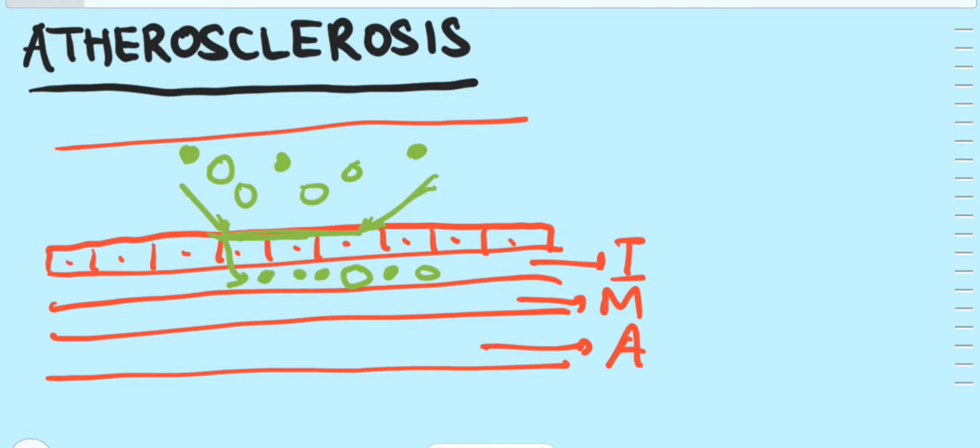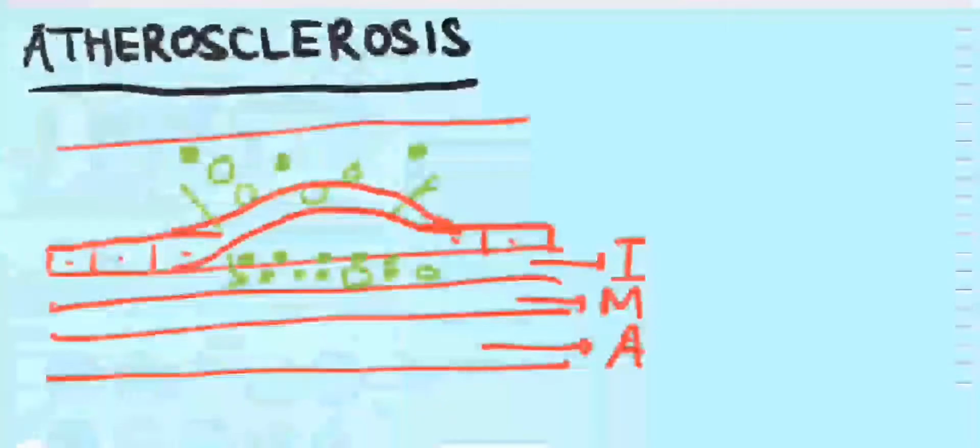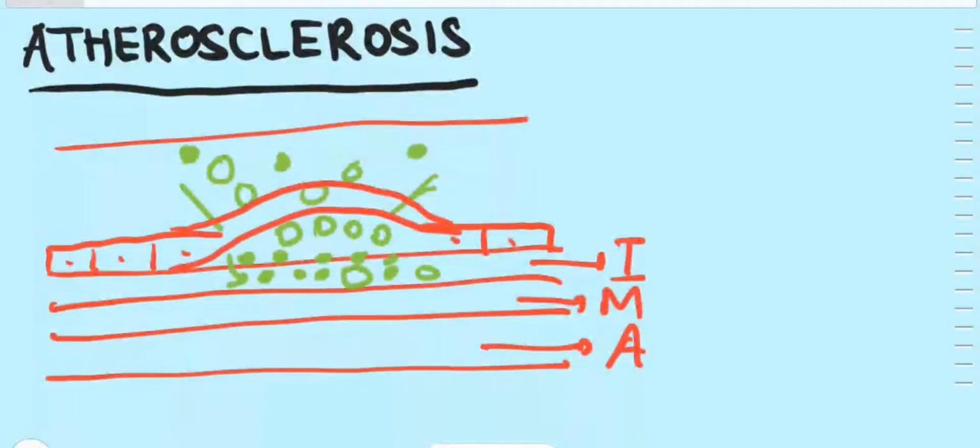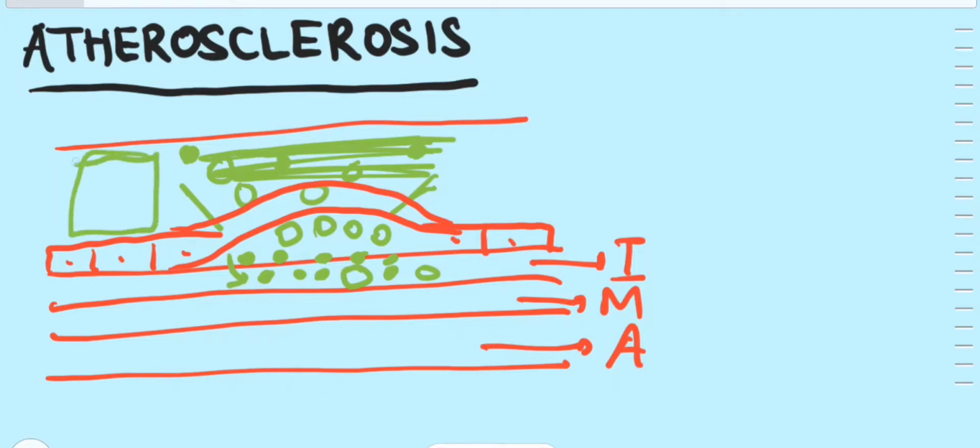When this happens, they keep building up in this layer, so they keep pushing your endothelial cell layer. They keep depositing over here. And as you can see, you're occluding this vessel. You're making the lumen smaller compared to this part here, where the lumen is bigger. So that already is causing occlusion.